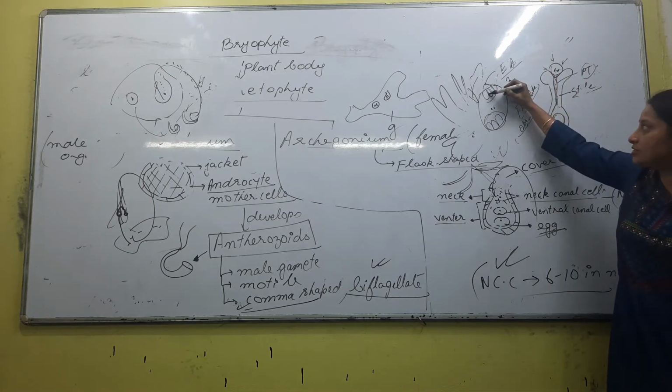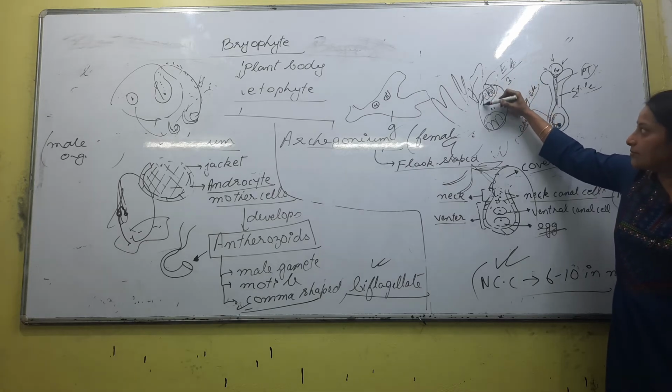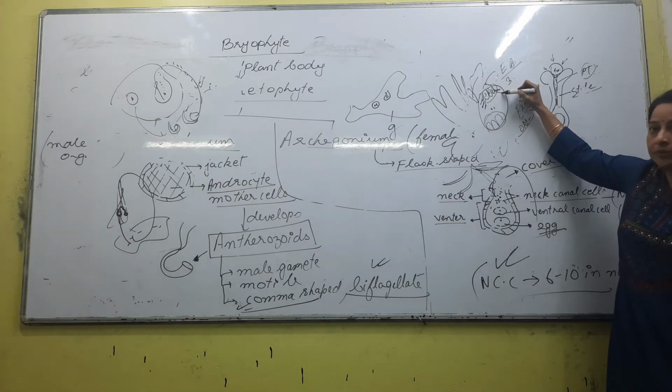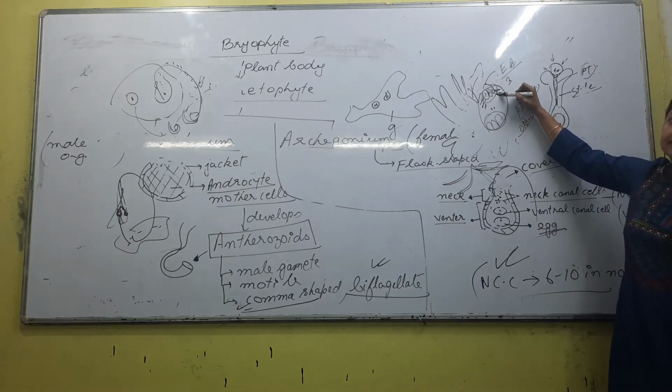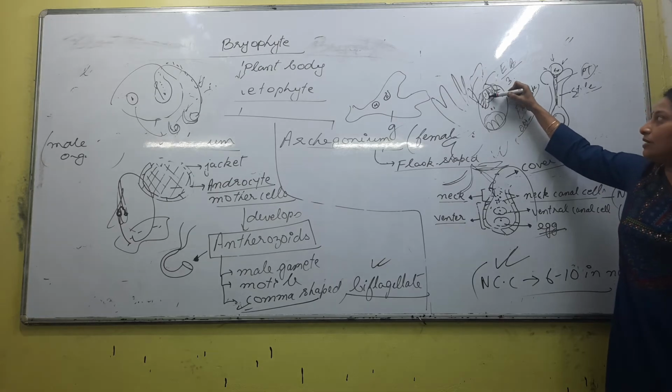Out of the 3 cells, only one cell is the egg. The remaining ones are synergids, and they develop finger-like projections. These are called what? Filiform apparatus. So what is the function of the filiform apparatus? It helps the pollen tube to penetrate and reach where the egg is.